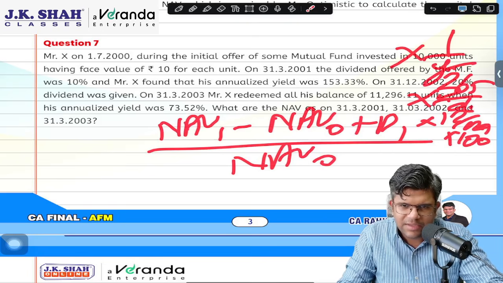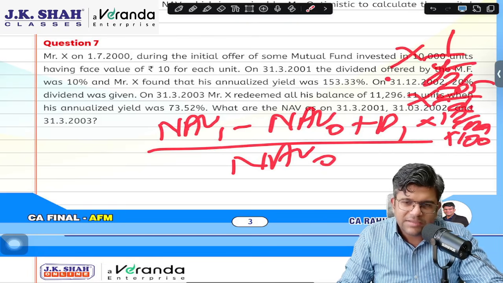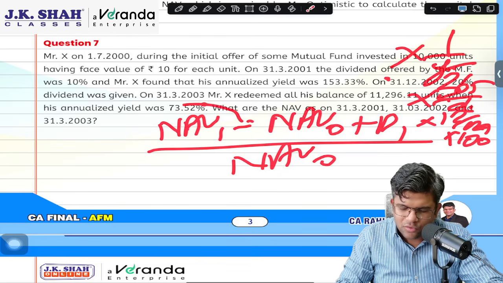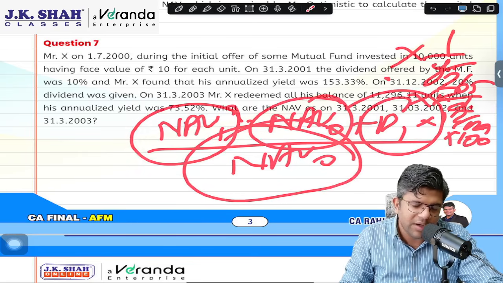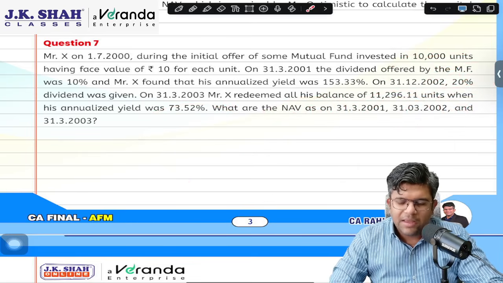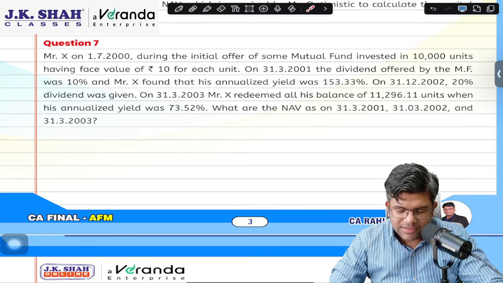Everyone understands all of this? And instead of per unit, you can also do total NAV minus investment value plus total dividend upon investment value into 100, and that should give you the return as a percentage.